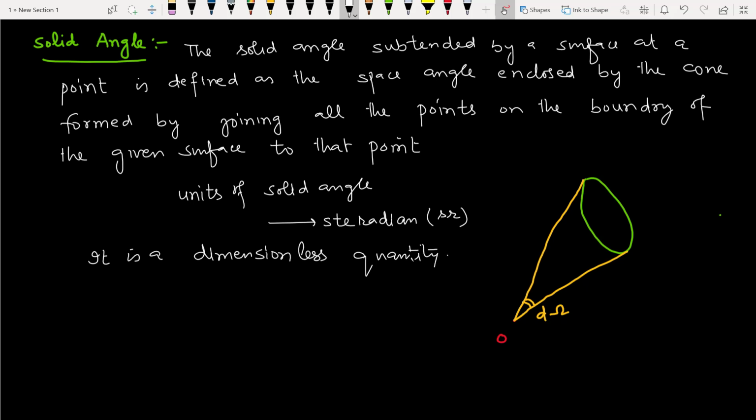So if we wish to derive the expression for this, then as we know that area vector is perpendicular to the surface. So this is ds vector. We take a point P here. We join the point P with O. Extend it.